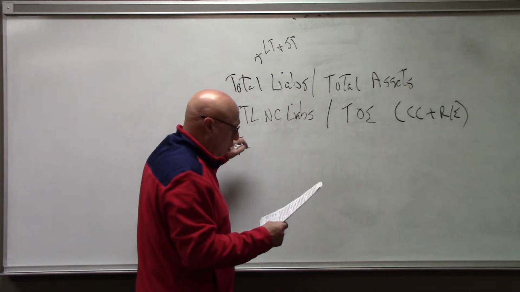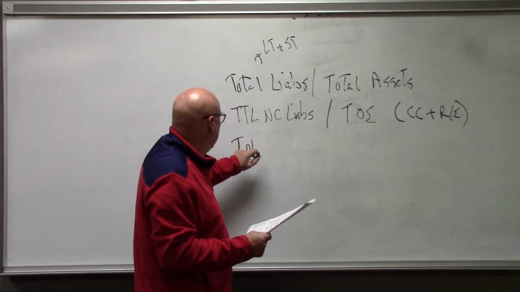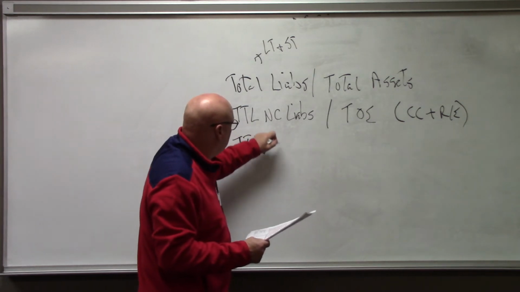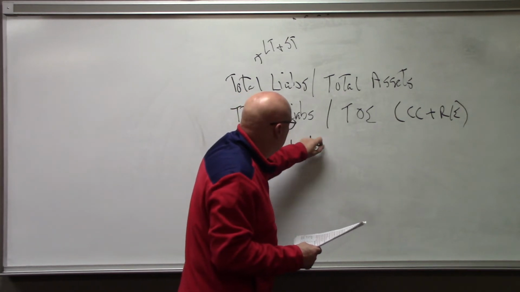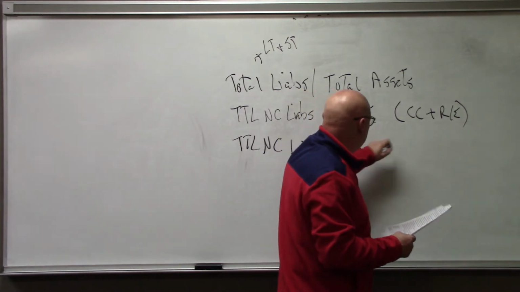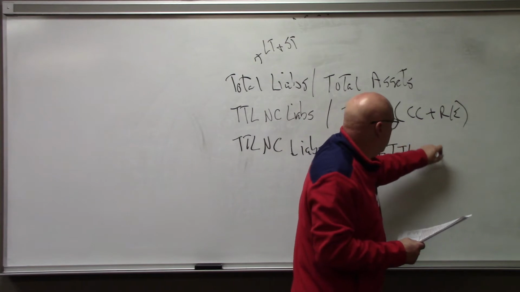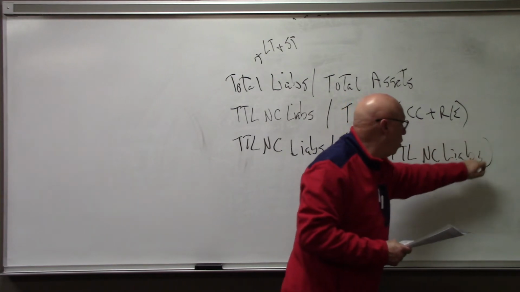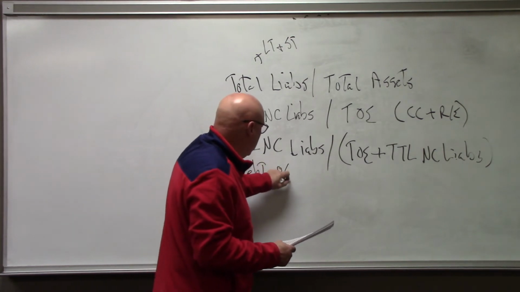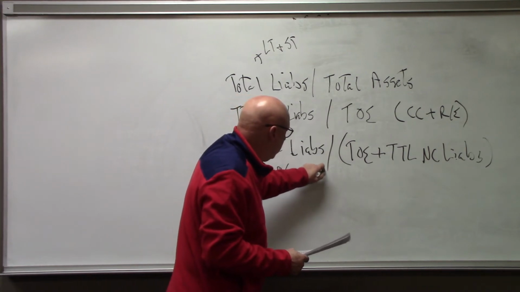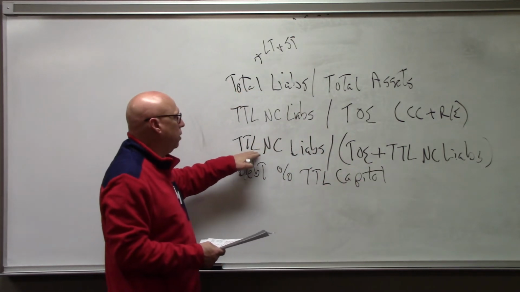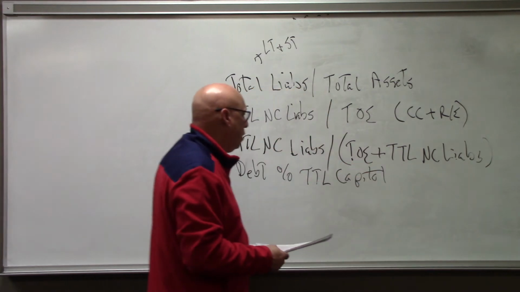Then we have total non-current liabilities divided by total owner's equity plus total non-current liabilities.